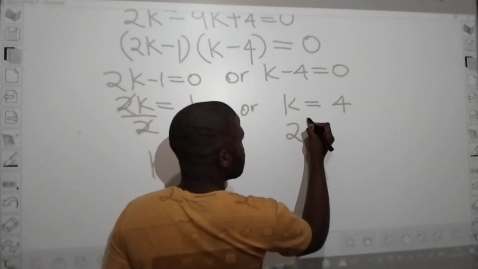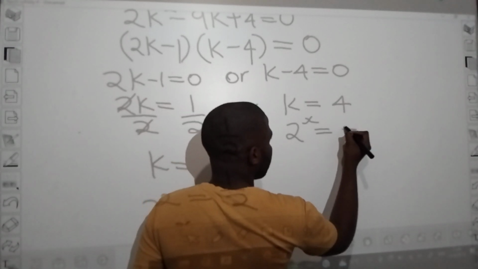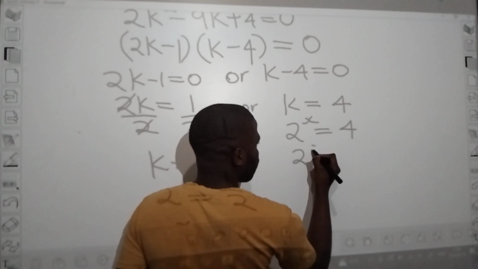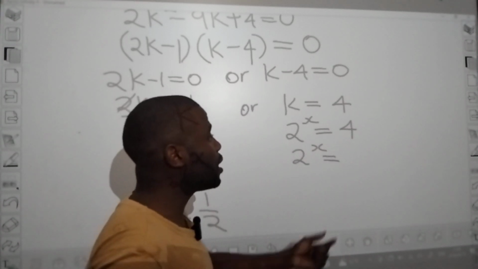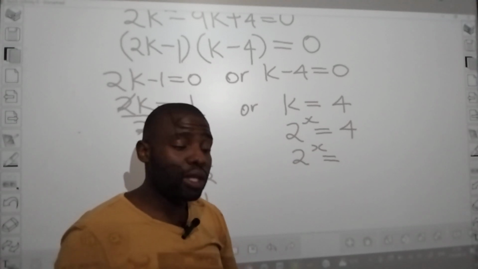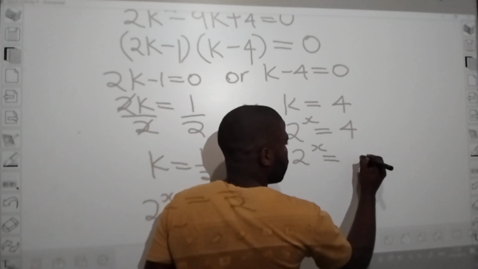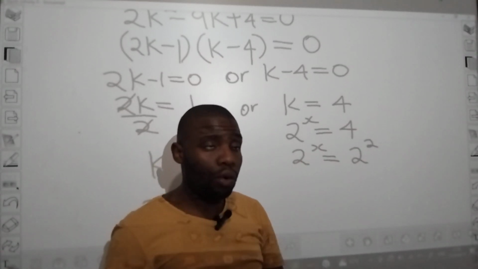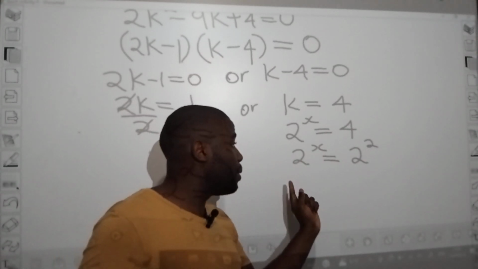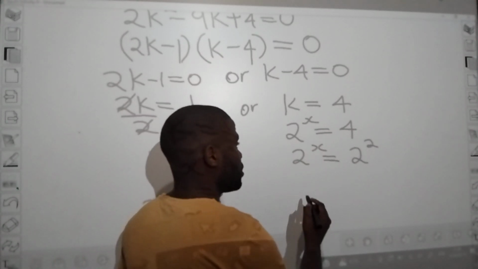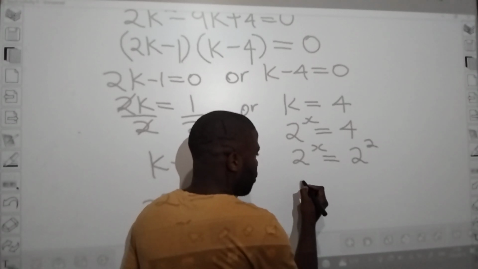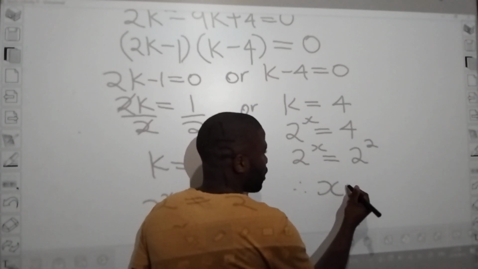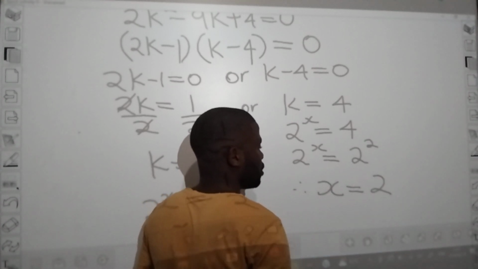So that will be 2 to the exponent of x is equal to 4. You understand that writing 4 with a base of 2 will be 2 squared, because 2 squared gives me 4. And then again, when the bases are the same, I equate my exponents. Since my bases are the same, therefore, the value of x is equal to 2.